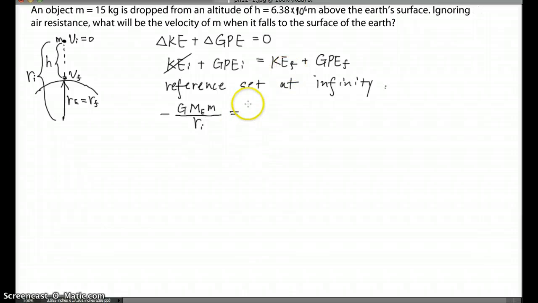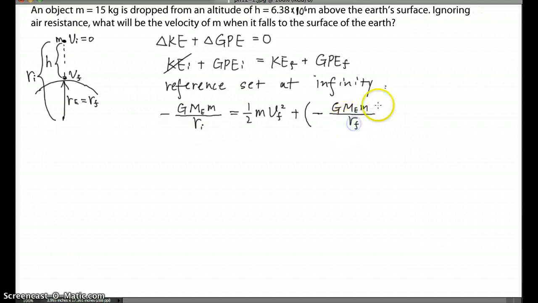The KE final is 1/2 m v final squared, and then GPE final. Be careful, it's not 0, it's negative G M_E m over R final. Actually, we don't need to know that, that's extra information. Put them together and solve for v final.